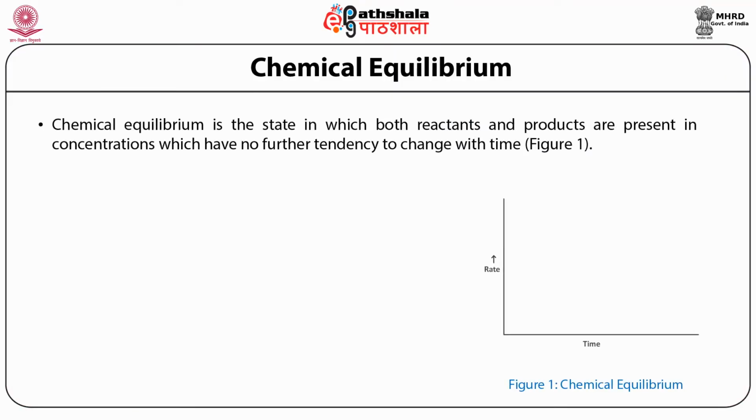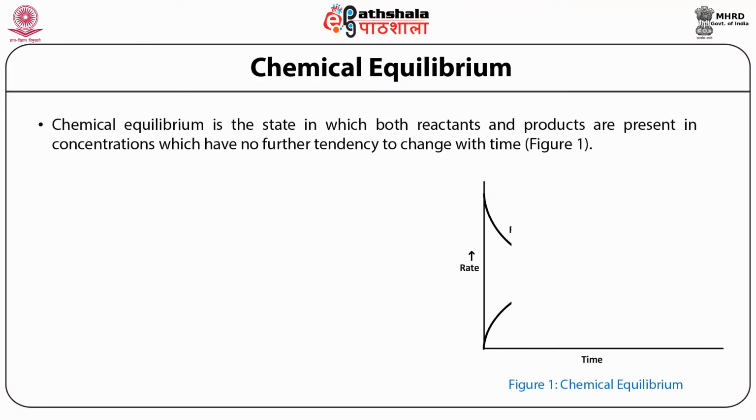Chemical equilibrium is the state in which both reactants and products are present in concentrations which have no further tendency to change with time. As you can see in figure 1, the rate of forward reaction and the rate of backward reaction meet at a point, and at that point the reaction is at equilibrium state.